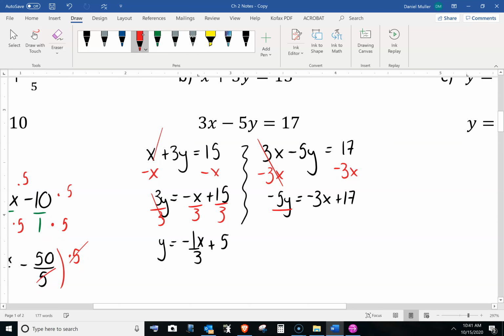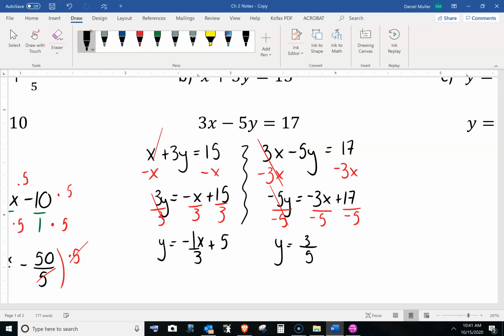And then I can divide by negative 5, negative 5, negative 5. So y equals 3 over 5 x minus 17 over 5. Now that can't be reduced, so just say 17 over 5. And there's a negative sign, so I'm just going to make this a subtraction.